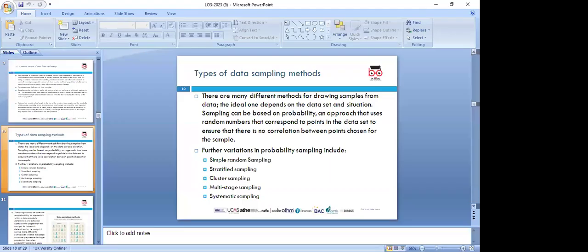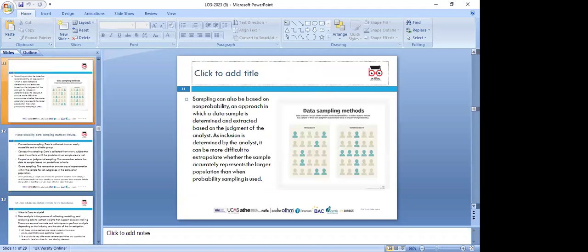We have simple random sampling, which I mentioned. We have stratified sampling, cluster sampling, multi-stage sampling, and systematic sampling. Sampling can also be based on non-probability, an approach in which a data sample is determined and extracted based on the judgment of the analyst.